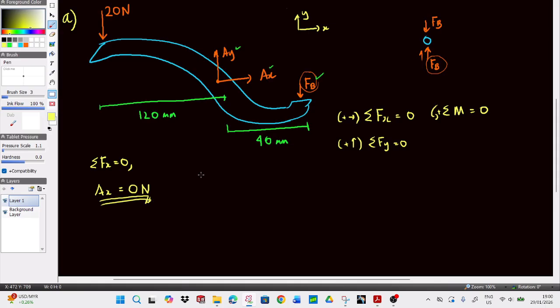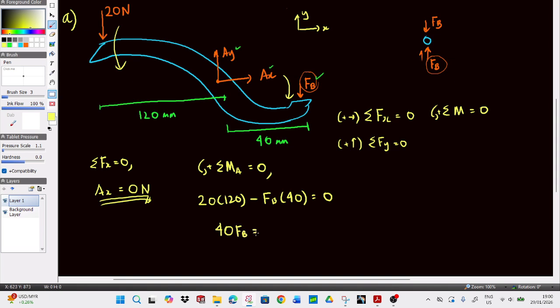Then if you take the moment at point A equals 0, I prefer to take the moment at point A. The 20 newtons times 120 millimeters is going counterclockwise, so it's positive, whereas FB is going clockwise, so it becomes 20 times 120 minus 40 FB equals 0. Therefore 40 FB is equivalent to 20 times 120, which is 2400.